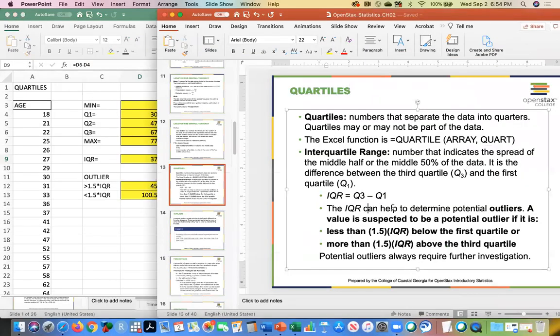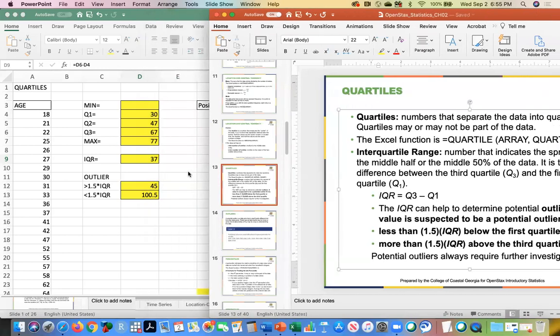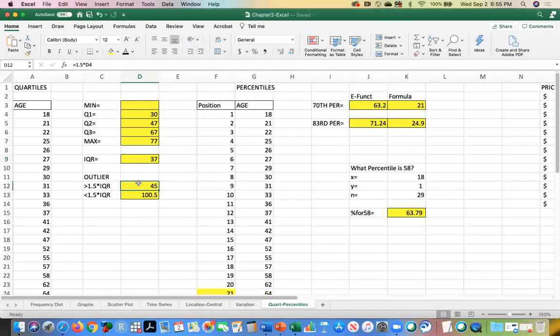So the rule says here, if less than 1.5 times the interquartile range below the first quartile, or more than 1.5 times the IQR above the third quartile, then those are potential outliers. So what I did here is I multiplied 1.5 times 37, so it was 45, so it's not below 30.